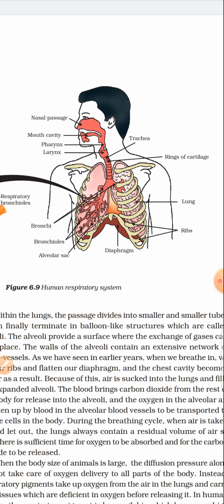These bronchioles will ultimately branch into small sac-like structures called alveolar sacs. The alveolar sacs increase the surface area for absorption of the air, and the exchange of the gases will take place in these alveolar sacs. The alveolar sacs will be lined by capillaries.